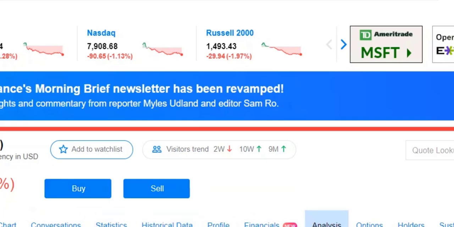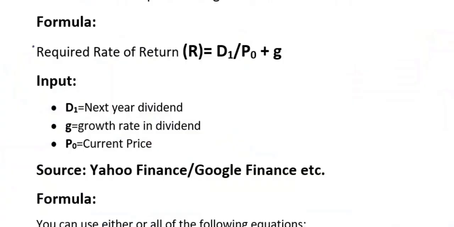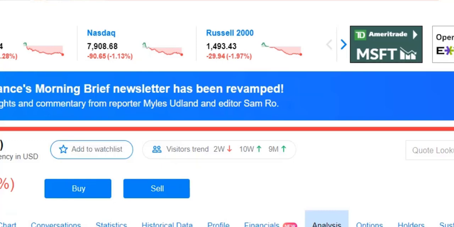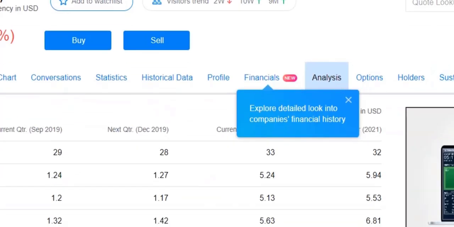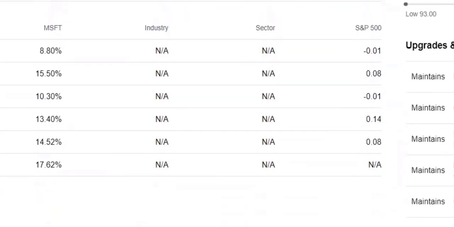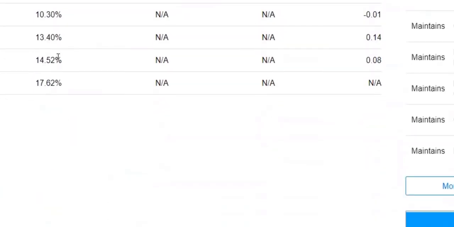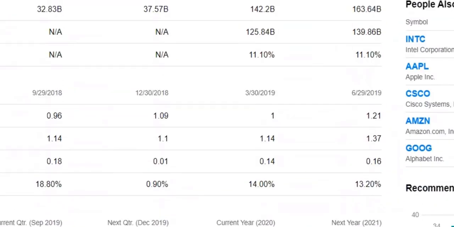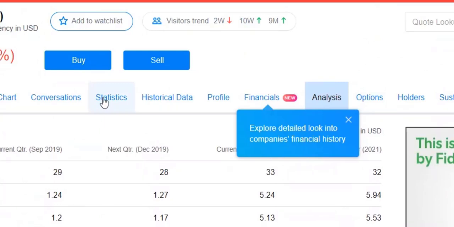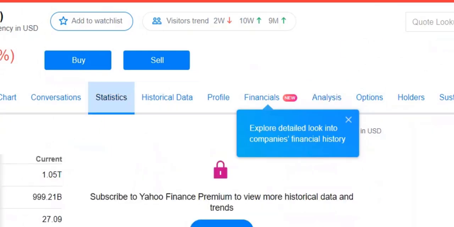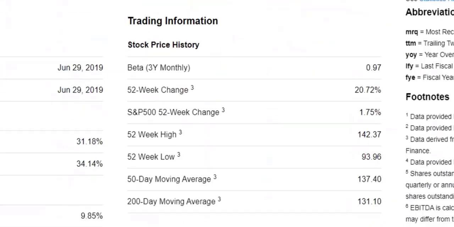So we now have P0, and the growth rate, which is on the Analysis tab, is the average of these two values. What we also need is the dividend yield, which is in the statistics portion of Yahoo Finance.